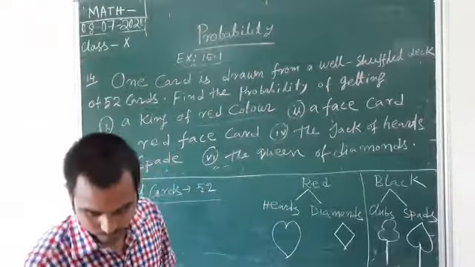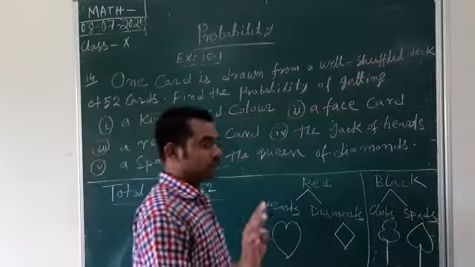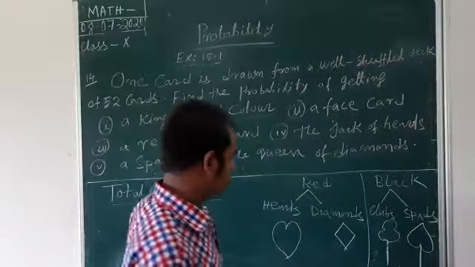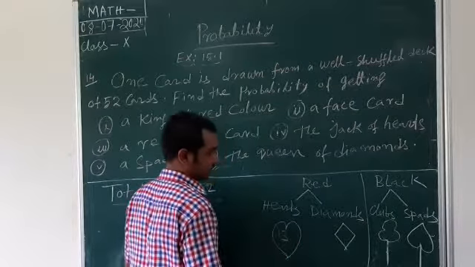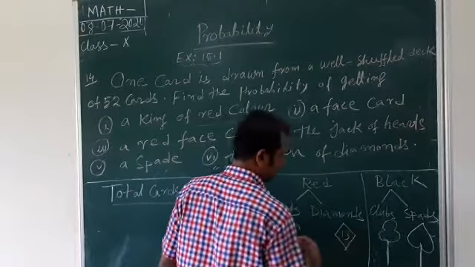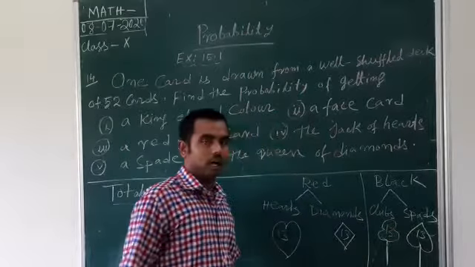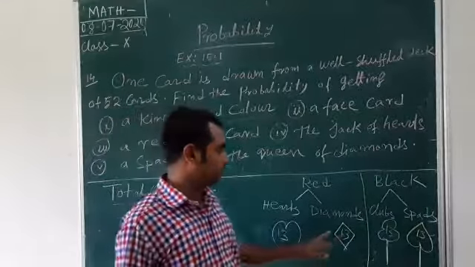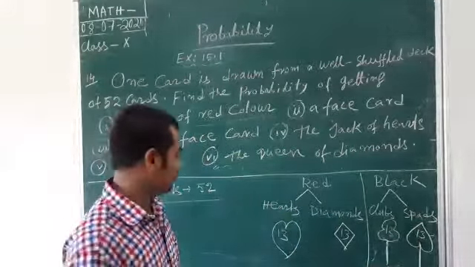Each item contains 13 cards. So how many cards in total? 13 plus 13 plus 13 plus 13, that is 52 cards.